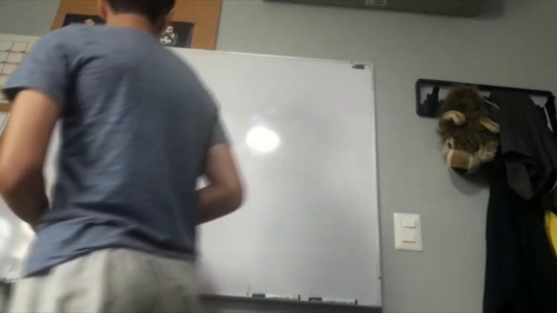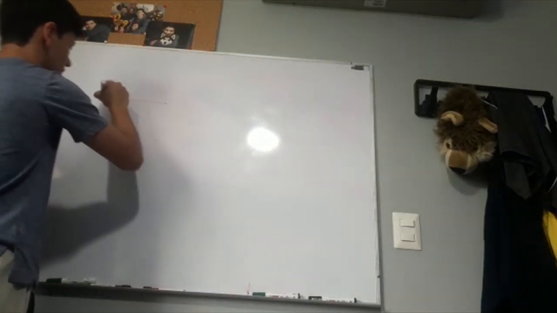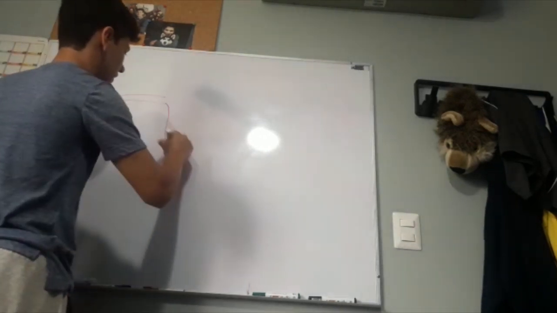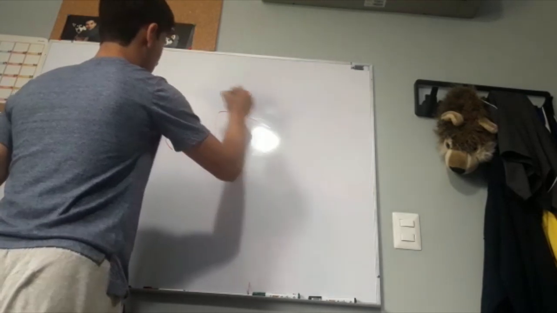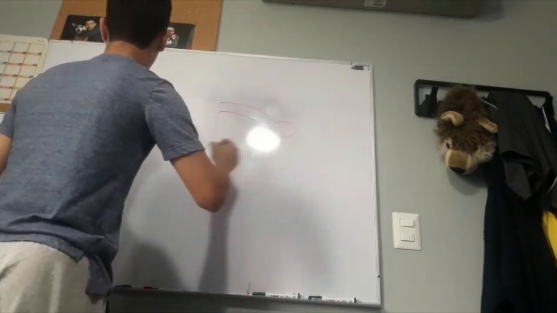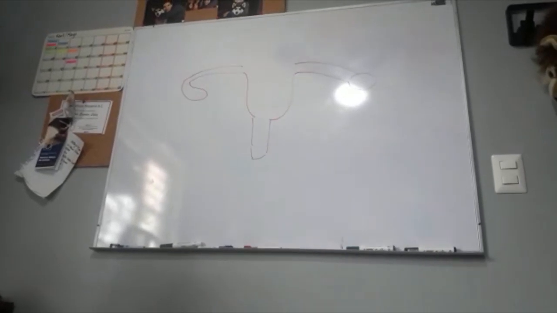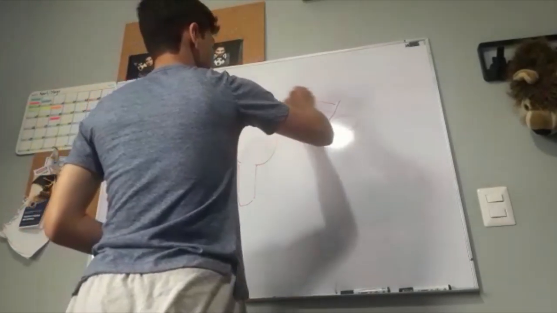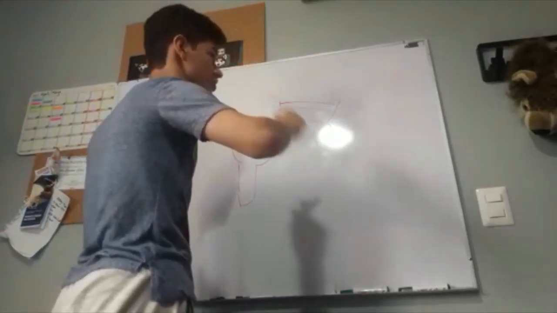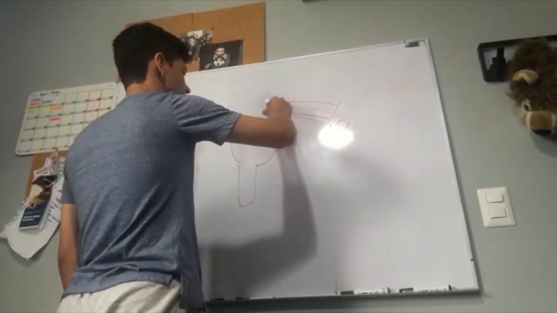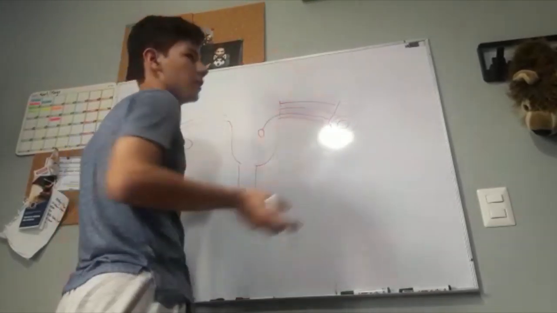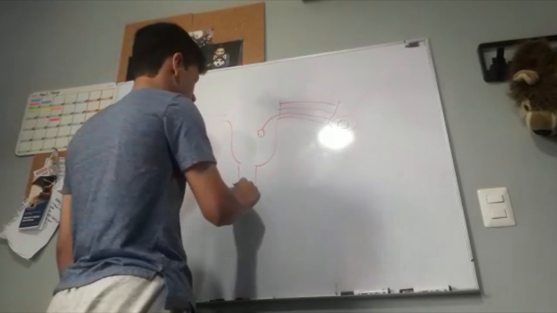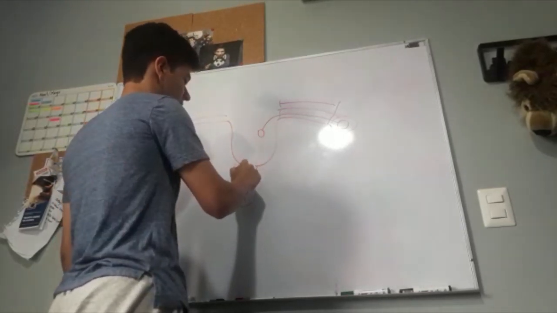The woman's reproductive system is quite a lot difficult to explain. The woman's reproductive system consists of the fallopian tube, which is this, and the fallopian tube is in charge of sending the ovaries right here. And an ovary stays here waiting to be fecundated by sperm.